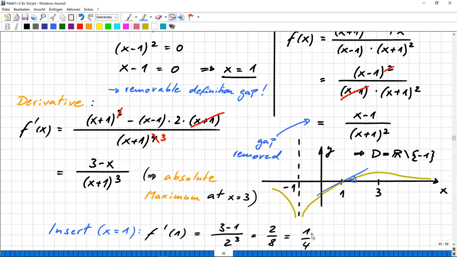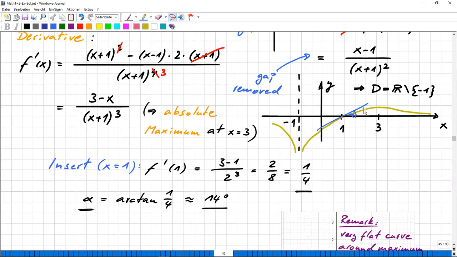So 2/8 shortened equals 1/4, and 1/4 is the slope of this tangent here, so that the inclination angle alpha will be the arctangent of this value 1/4. This is just a little addition, a standard formula. This is around 14 degrees in the classical degree measure. Okay, so it's relatively flat. Sorry for this extended explanation.